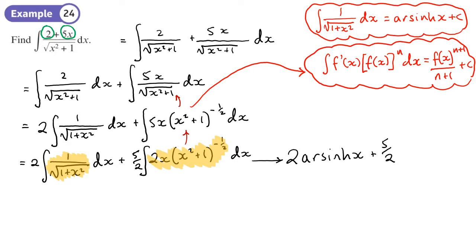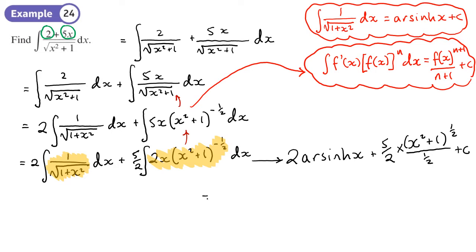That second bit in orange can just be swapped to f of x to the n plus 1 over n plus 1, which is basically x squared plus 1 to the power n plus 1, which is a half, divided by a half. Obviously plus c at the end.